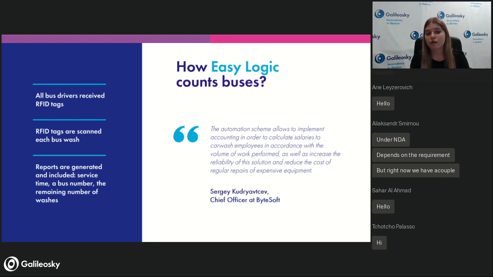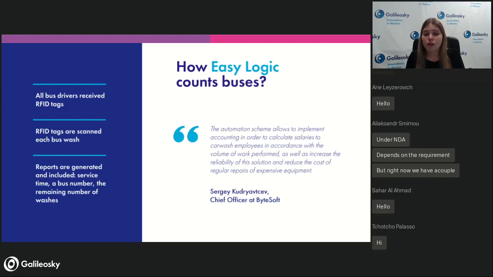Drivers received RFID cards, and each time a car wash worker scanned them, reports are created automatically in the program. These reports include information about the bus, the time when it arrives at the car wash, and also the number of wash sessions paid by the transport company in advance.